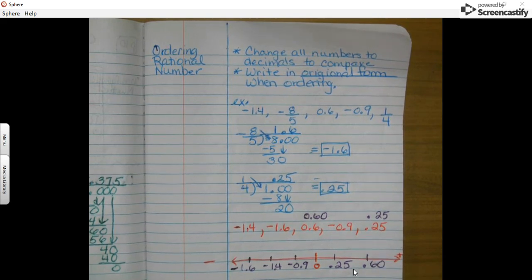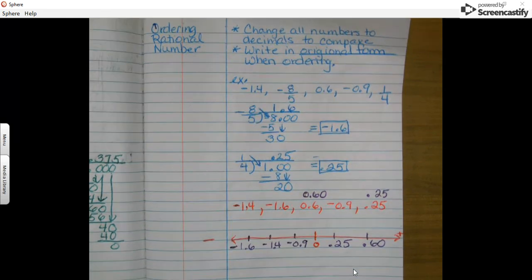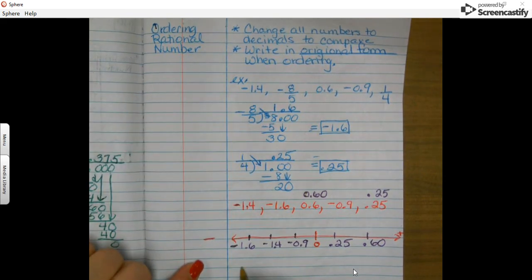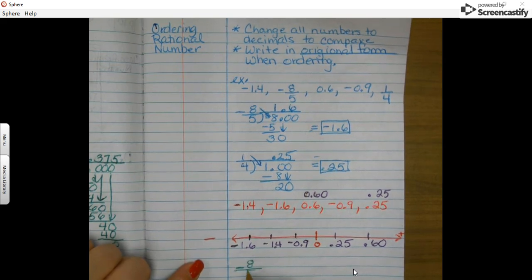So now we have our original numbers all converted into decimals and ordered on a number line from least to greatest. So I could rewrite that now as numbers in their original form. So the negative 1.6 was actually the negative 8/5, right?